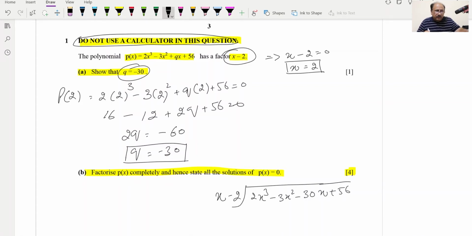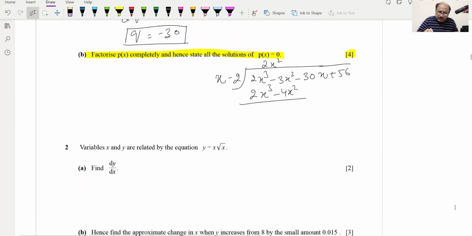We can basically multiply it by 2x squared first, so it would be 2x cubed minus 4x squared, and we will subtract this after changing sign.